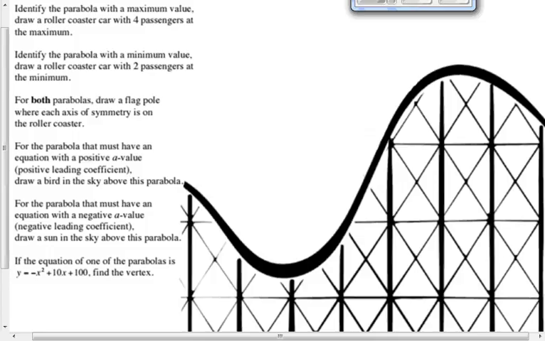We're just going to go through each problem, and we're going to basically draw a roller coaster and have a little bit of interesting things with it. So the first thing I want to do is identify the two problems that are happening here. Here is one. Okay, so that's a parabola that goes down, obviously.